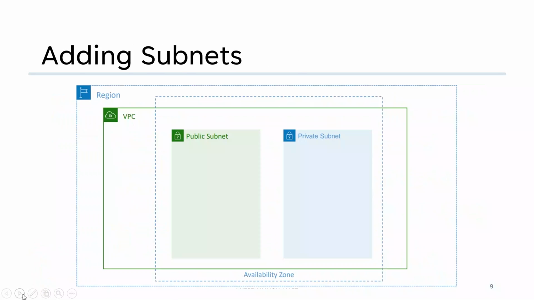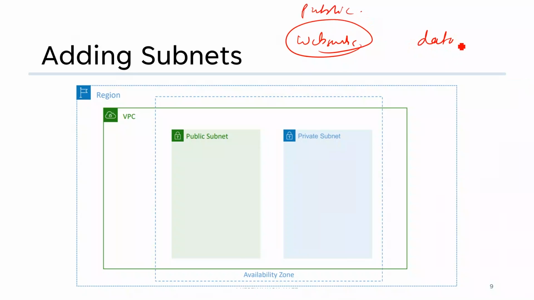Subnets in general are a kind of logical differentiation of different groups of devices in your network, right? For example, you have web servers which will be public facing, and you're going to have database servers which are going to be private facing.